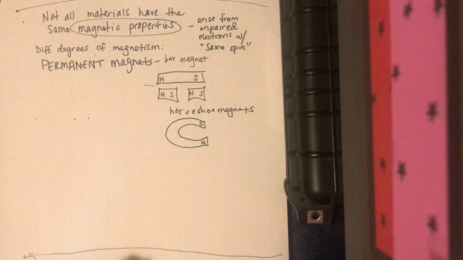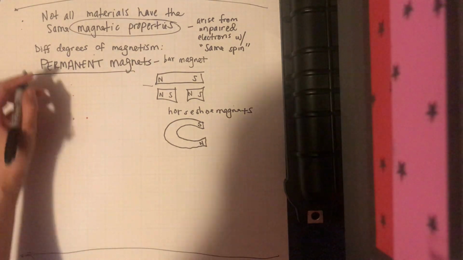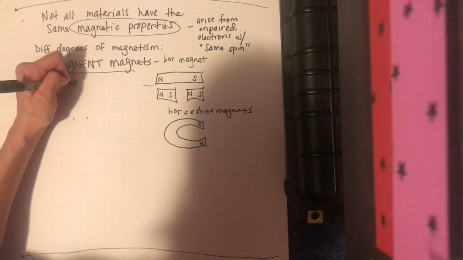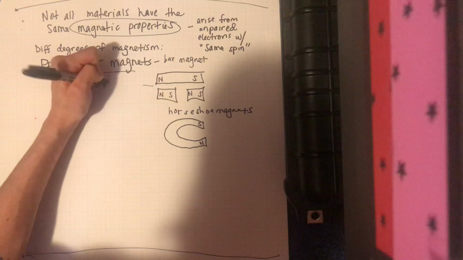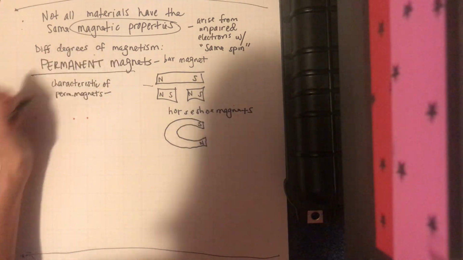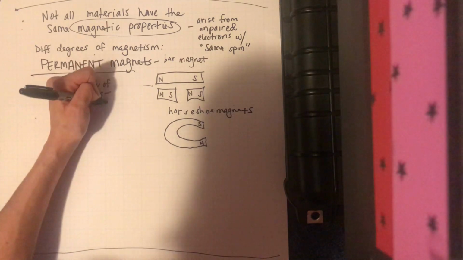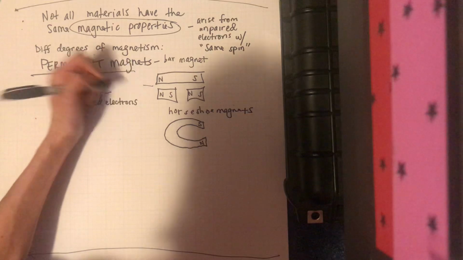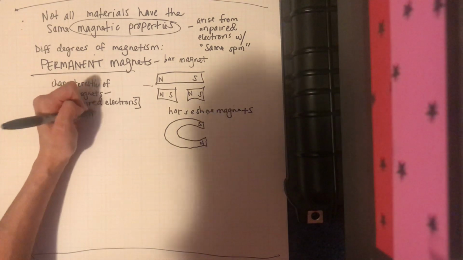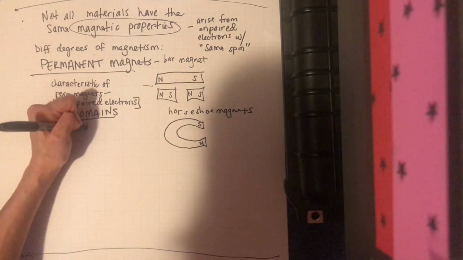Okay, so what makes them a permanent magnet is that the unpaired electrons, which we are going to refer to as domains, are all pointing the same way.